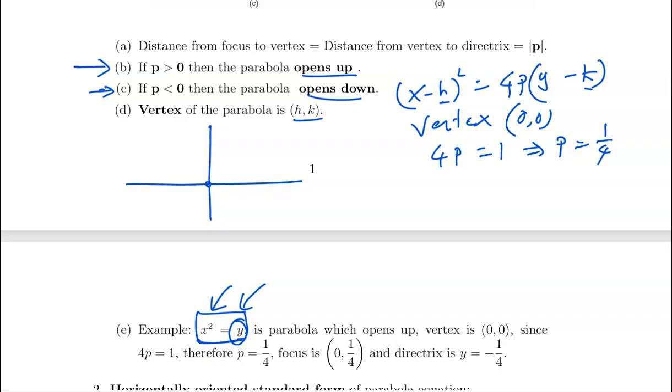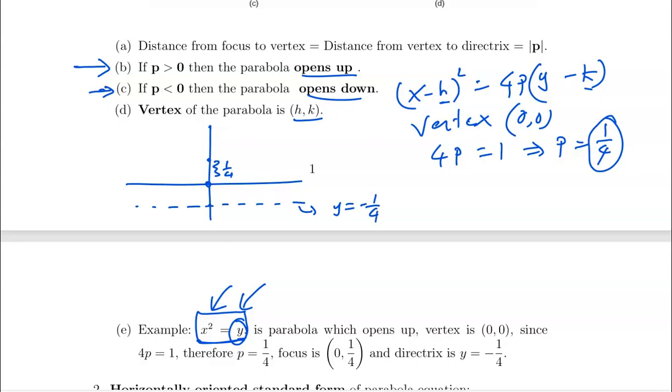The vertex is 0, 0. So start with that. Now your focus is 1/4 away from the vertex. So you go up 1/4, and go down 1/4, and that's your directrix. That's y equals negative 1/4.